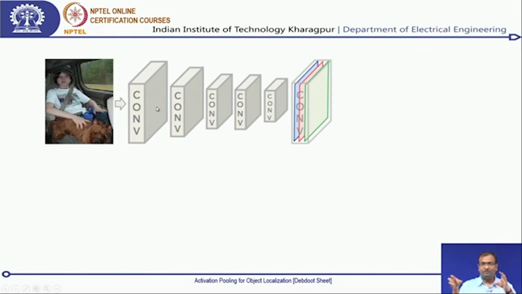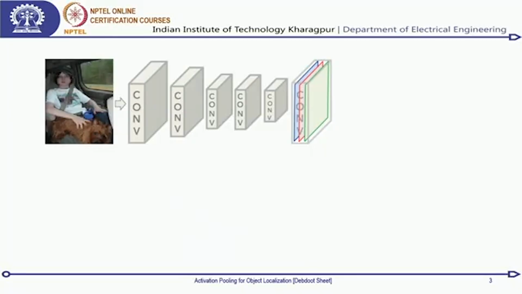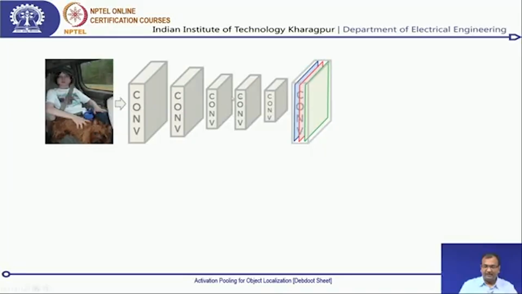Once you have this stack, the layer thickness keeps increasing because the channel width keeps increasing as you go along the depth, and the spatial size typically keeps reducing. The whole idea is that somewhere near the end, when you have a classification, you are boiling down to a much lesser number of features, say 1024 or 4096 or 512. Typically for a VGGNet kind of problem, you go down to about 4096 features.